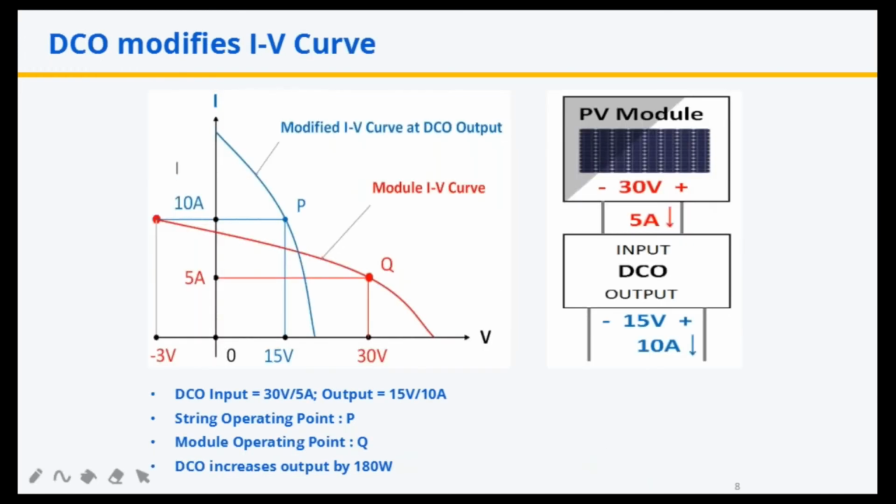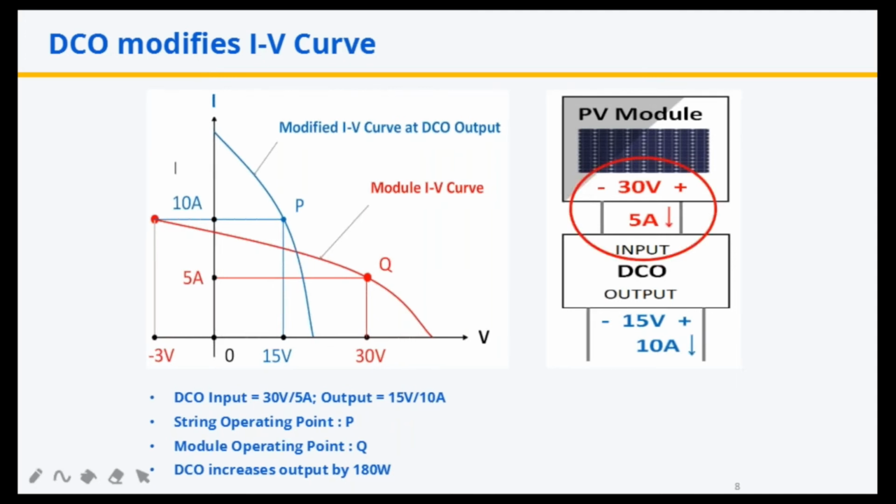As I said, DCO is essentially a DC to DC converter. It can reduce the output voltage and increase the output current. For instance, it can reduce the output voltage to half the input voltage and in the process double the output current. Let us take a specific example. Let us suppose the DCO's input voltage is 30 volts and it draws a current of 5 amperes.